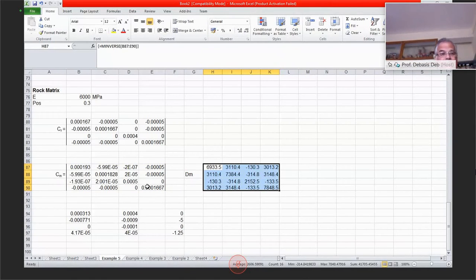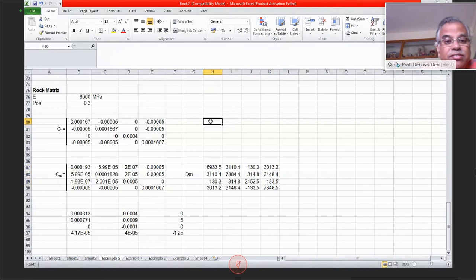And I will show this one also, then you will be able to see the difference.